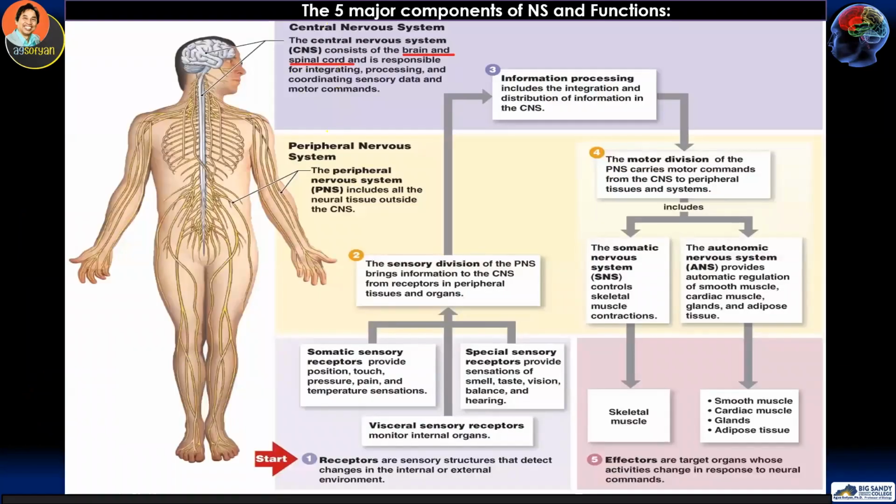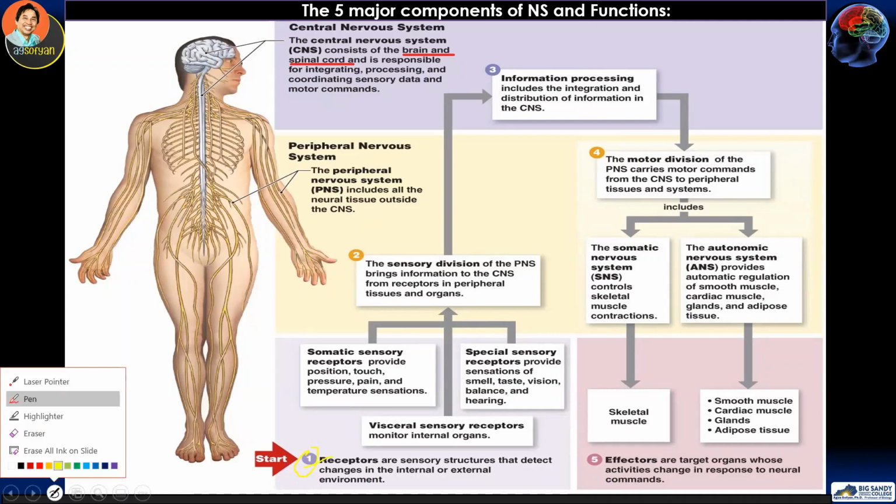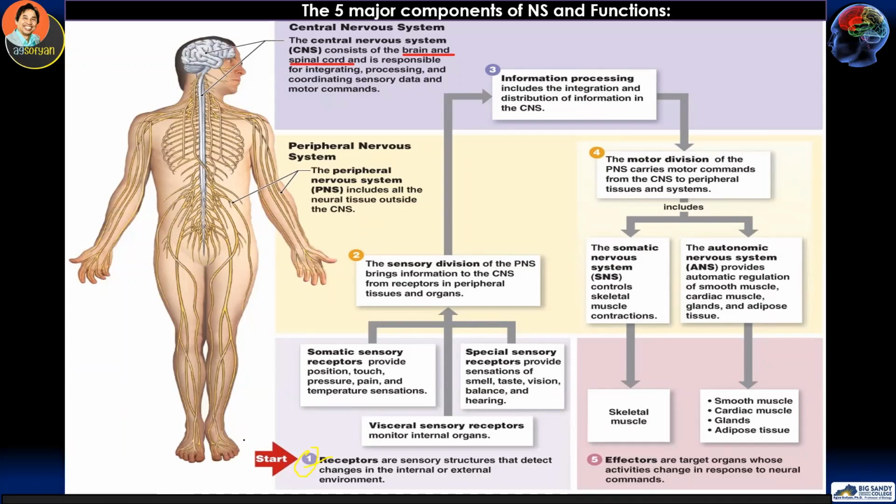Okay, and this is just a review about the five components of the nervous system. So this is how the nervous system works. We receive the stimulus, and that stimulus will be received by the receptor. So this is going to be the first component, which is the receptor.